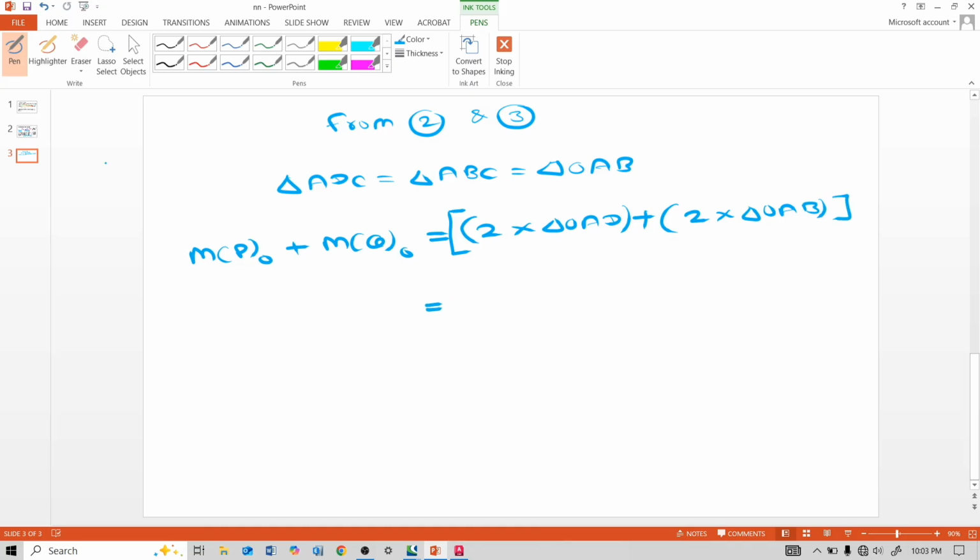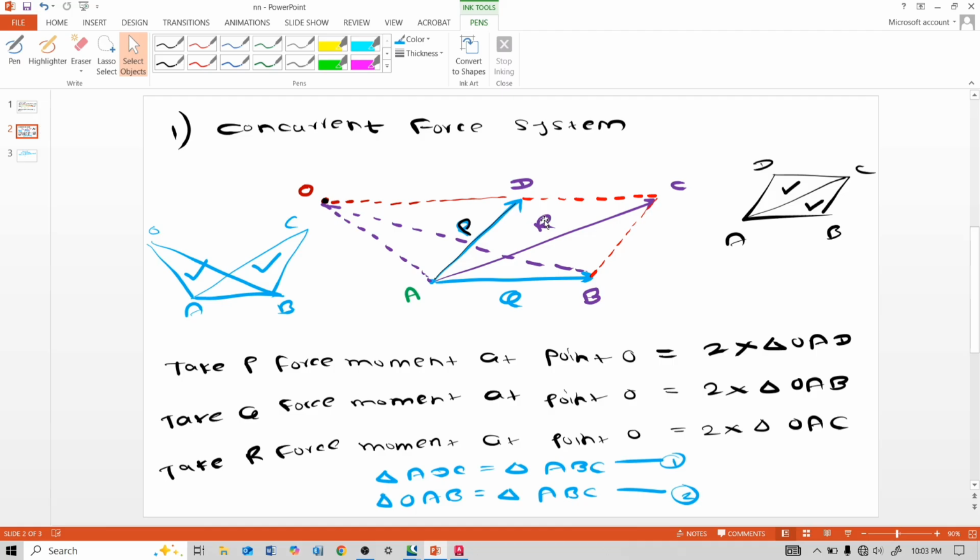So what I am trying to prove here is moment at point O of P plus moment of Q is equal to moment of R at point O.